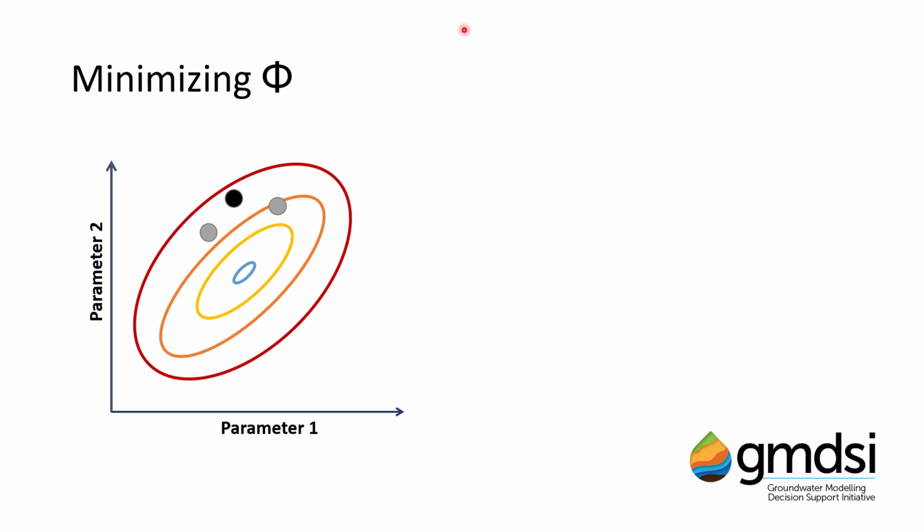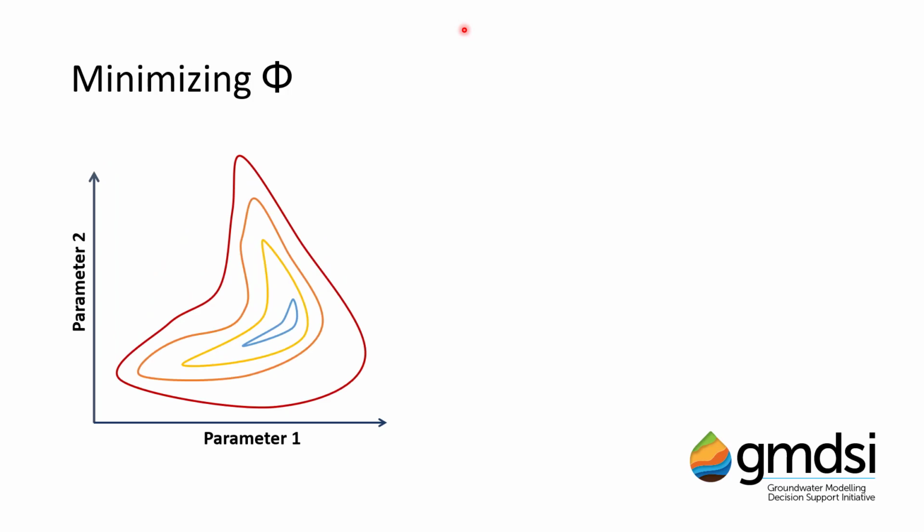By comparing the effect of parameter changes on the change in objective function, the parameter estimation code calculates the slope of the objective function surface, so that contour map there that we're looking at, and from that slope it can determine the direction in parameter space to take in order to head towards that minimum value of the objective function.